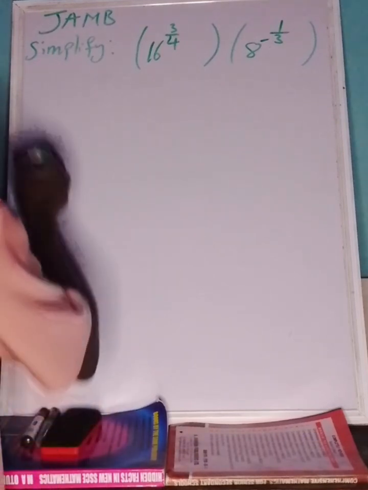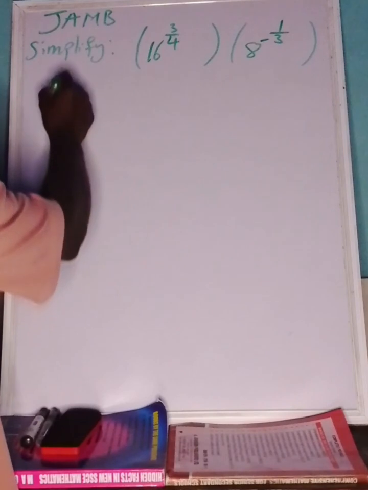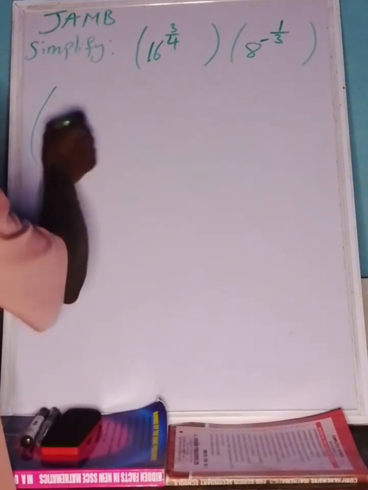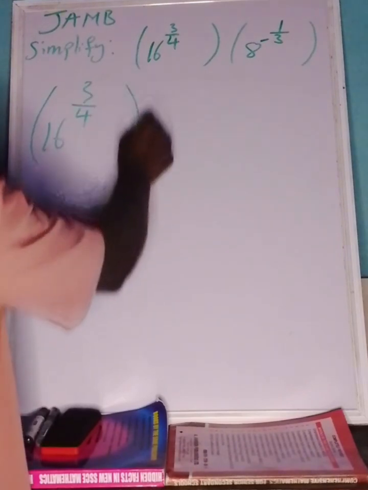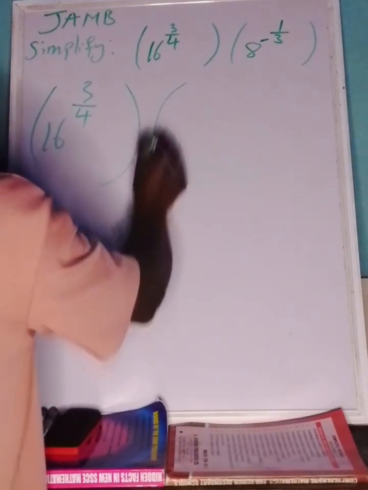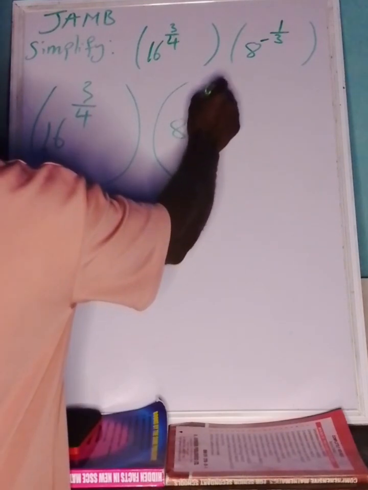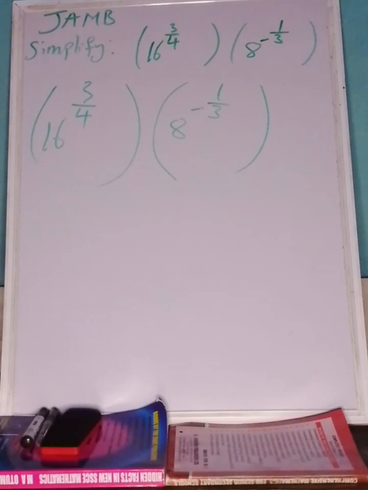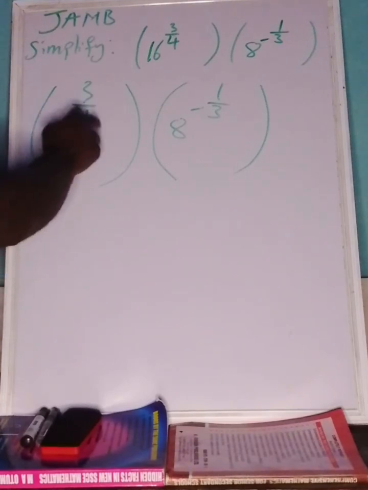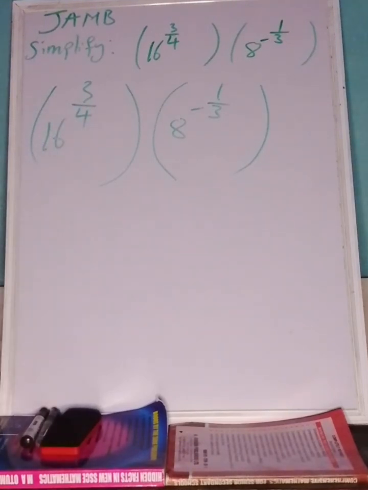So let's bring the question back. 16 raised to power 3 divided by 4, close bracket, another bracket, 8 raised to power minus 1 divided by 3. These are the questions we are told to simplify. When you see 16 raised to power 3 divided by 4, they are telling you to take the 4th root of 16.